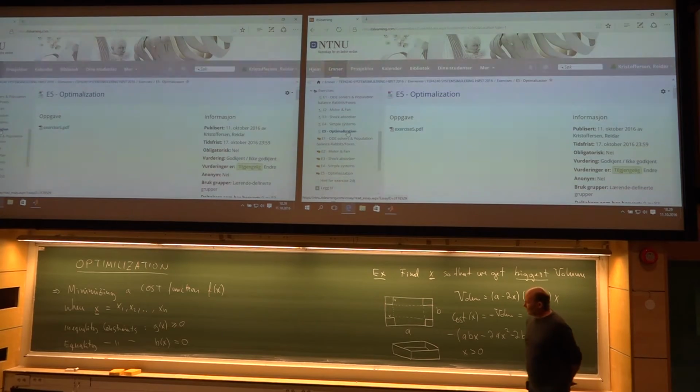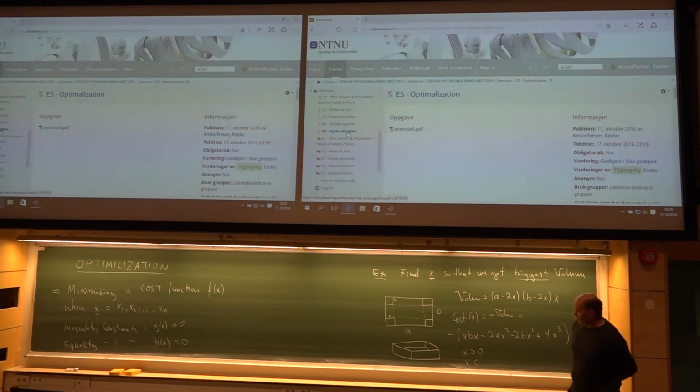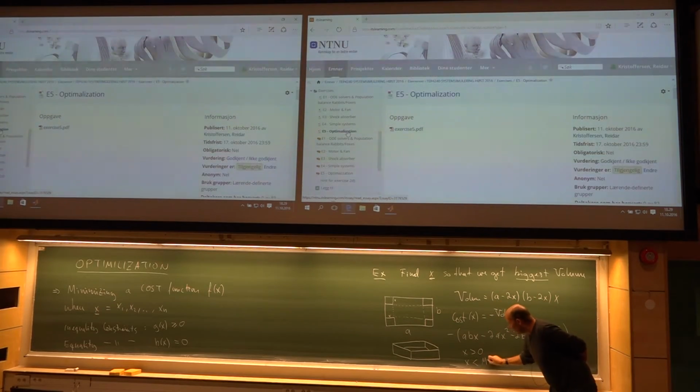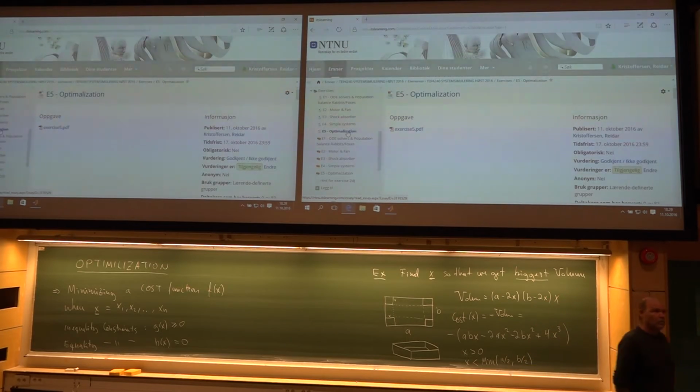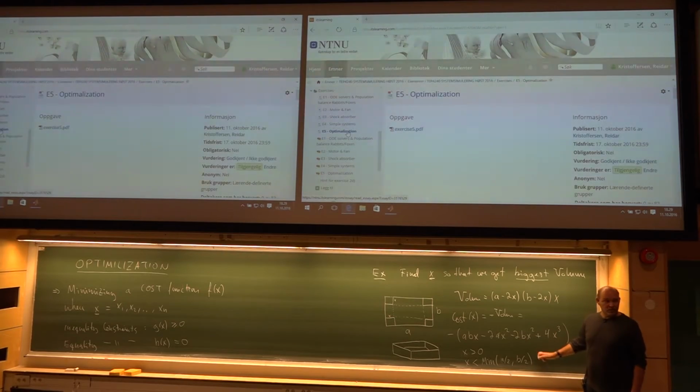Also, x has to be smaller than the minimum of a half a and a half b, the smallest one of those two. So x has to lie within those boundaries, clearly. So we have two inequality constraints for this problem, no equality constraints.